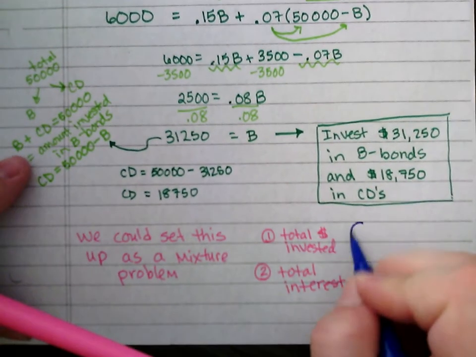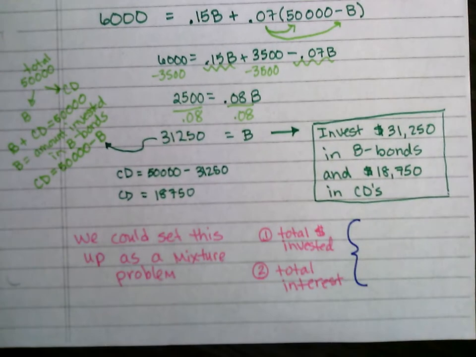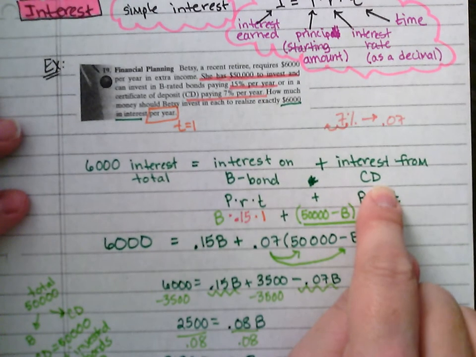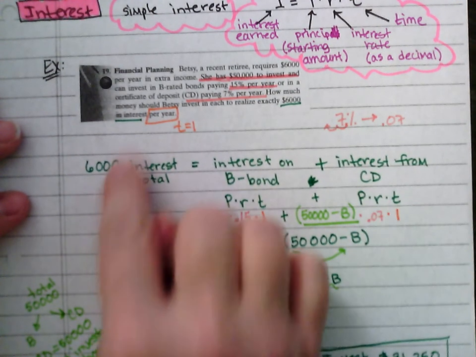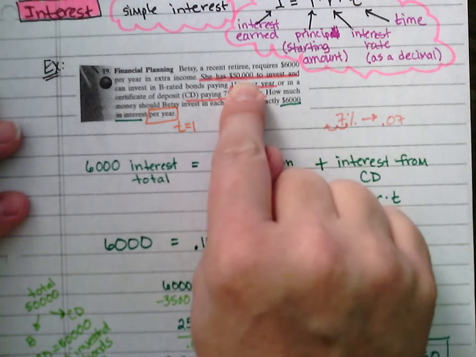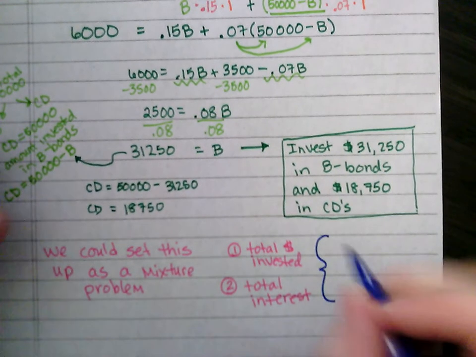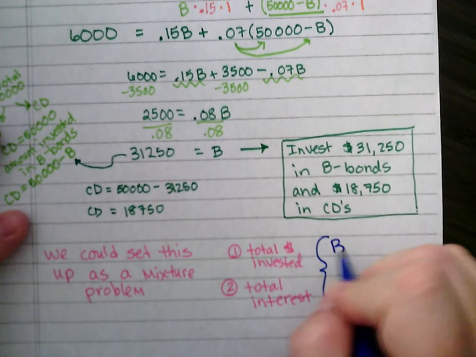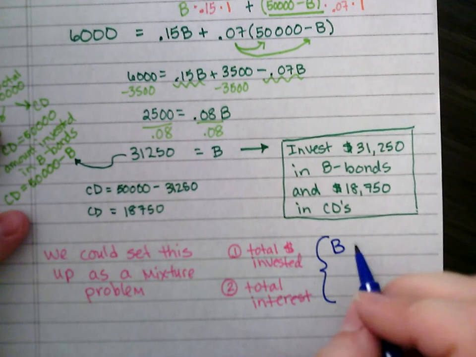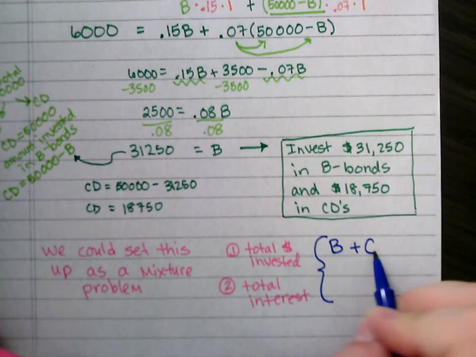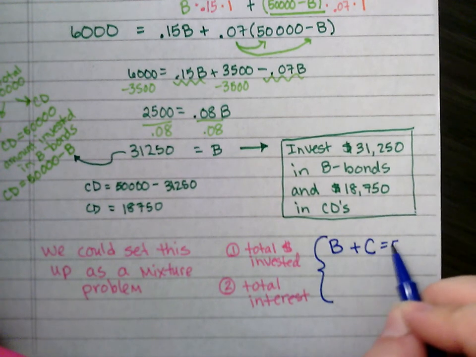So when we do that with this particular problem, the total amount we had invested, we were investing in B bonds and CDs, and we had $50,000 total. So our first equation for total money invested, we would have the amount we invest in B bonds plus, I'm going to say C is the amount we invest in CDs, would equal 50,000.